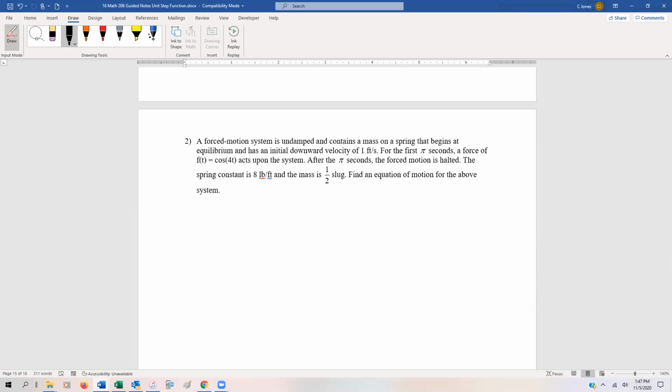All right, so a few things we have to remember. Remember, we have this formula, m y double prime, so mass times y double prime, or we can call it x double prime, because I think that's what we called it early in the course, plus beta x prime, plus the spring constant kx is equal to some forced motion f of t.